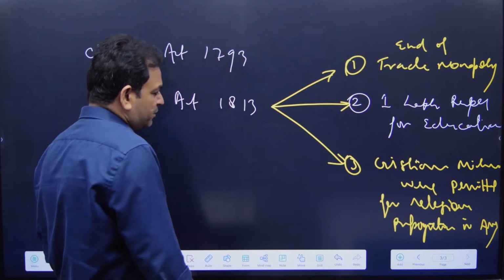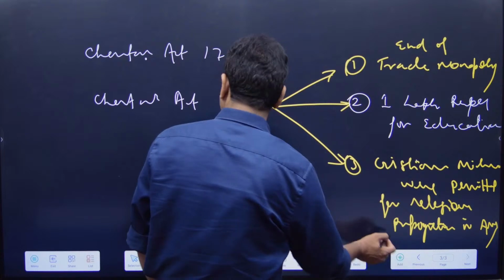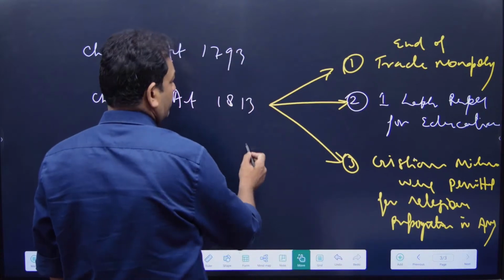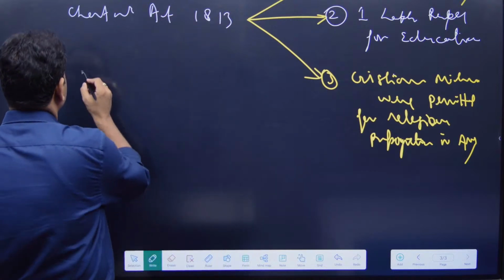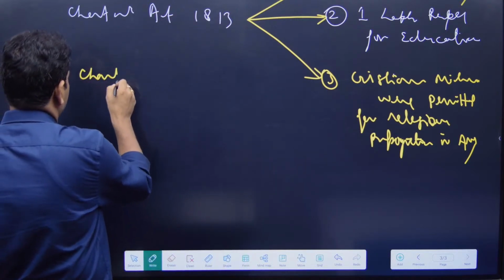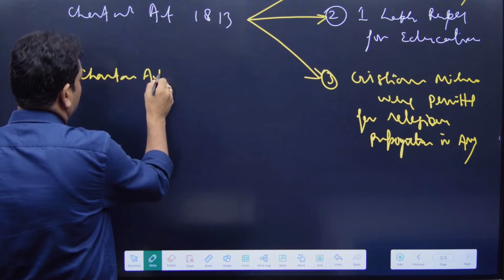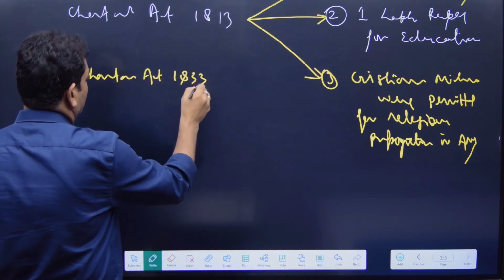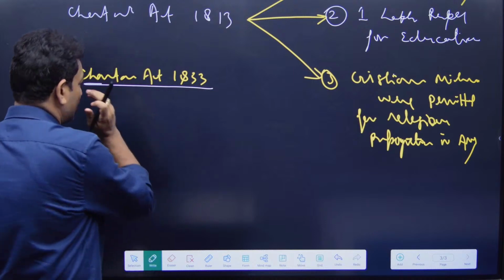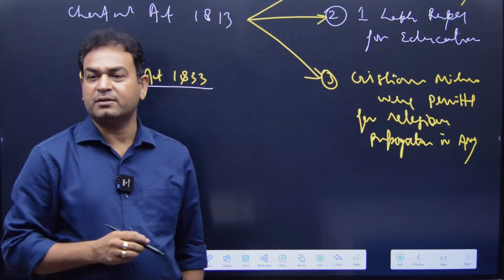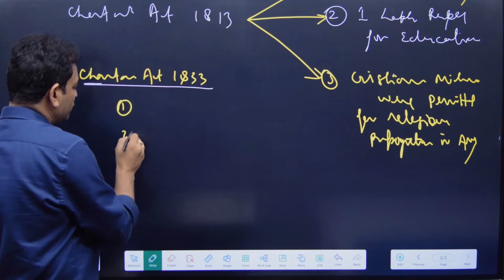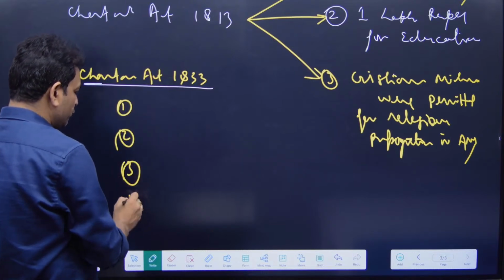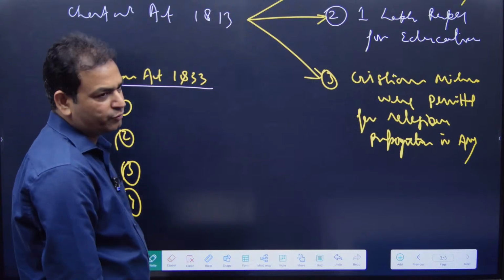Now, 1833. In 1833, another act was passed, the Charter Act. In the Charter Act 1833, 3-4 important provisions were there.